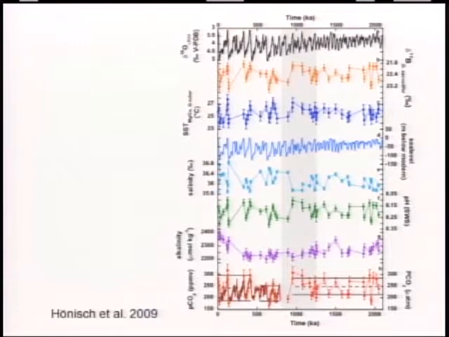which already indicates higher pH. But in order to calculate the pH from boron isotopes, I need to know something about temperature and salinity so that I can calculate my pK values. The sea surface temperature we measured as a function of the magnesium-calcium ratio, which is indicated over here.